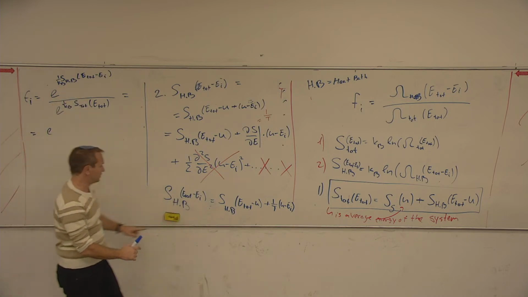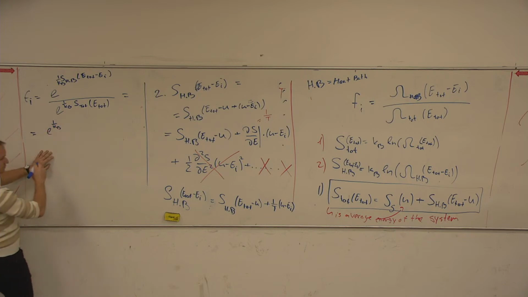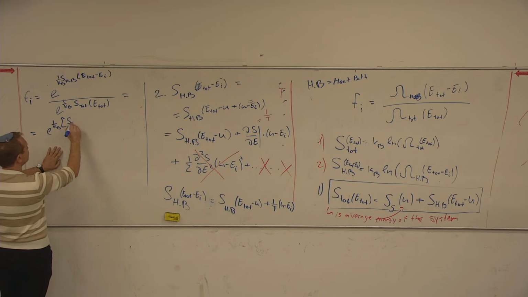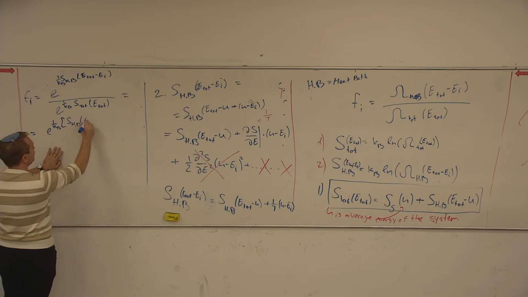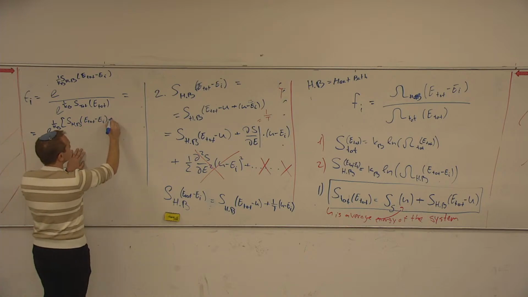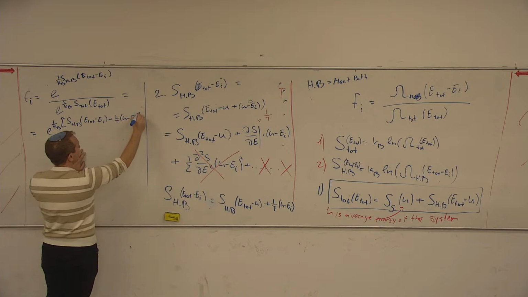Great. Next step, we write down what is exactly S of heat bath in those terms. So it's 1 over K Boltzmann of S heat bath E total minus U plus 1 over T U minus EI, minus U, thank you.